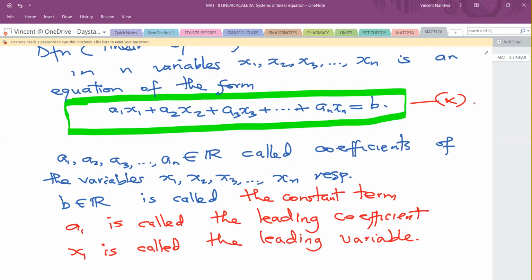And another observation is that there is no product of variables in a linear equation. So those are the key things. No product of variables in any term. The only power of a variable involved in a term is 1.